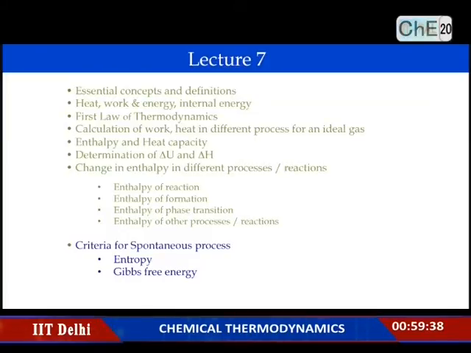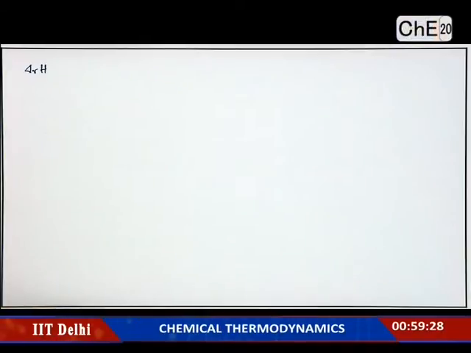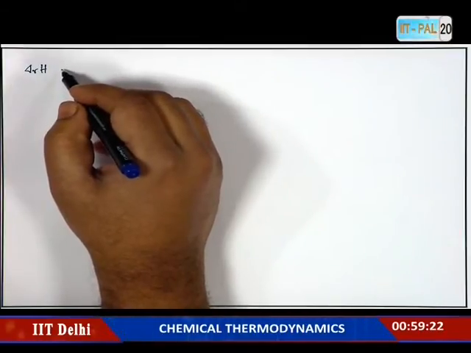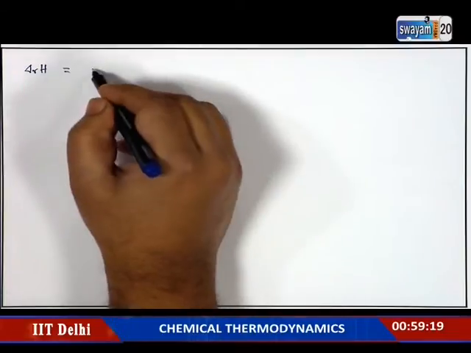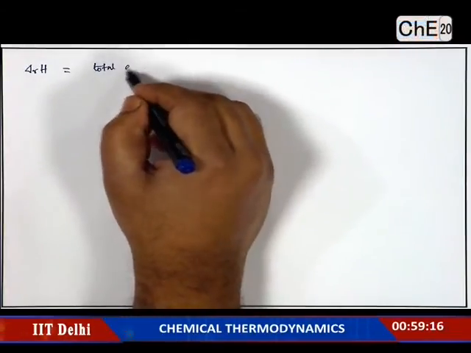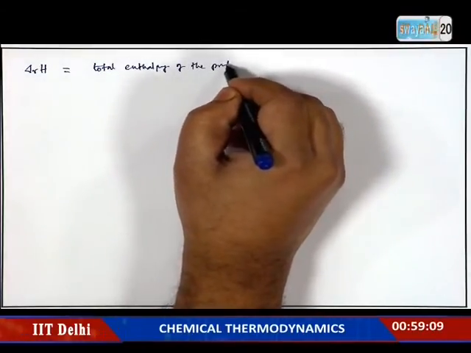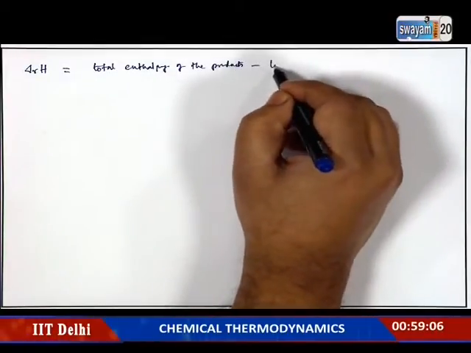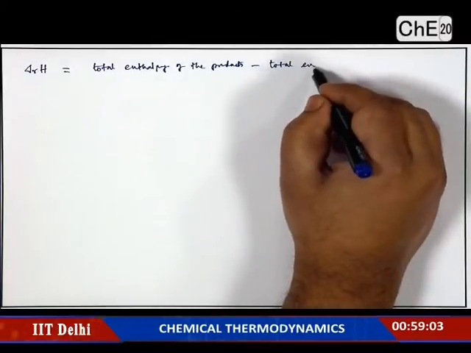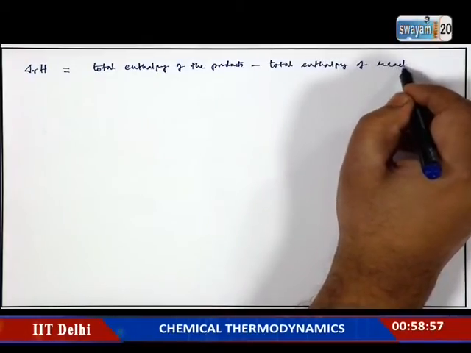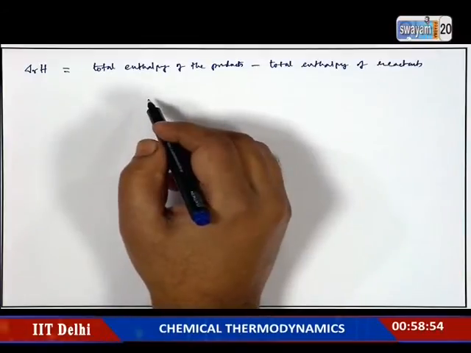Just to recap what we learned in the last class, basically we learned that the reaction enthalpy, or heat of reaction, is the total enthalpy of the products minus the total enthalpy of the reactants.